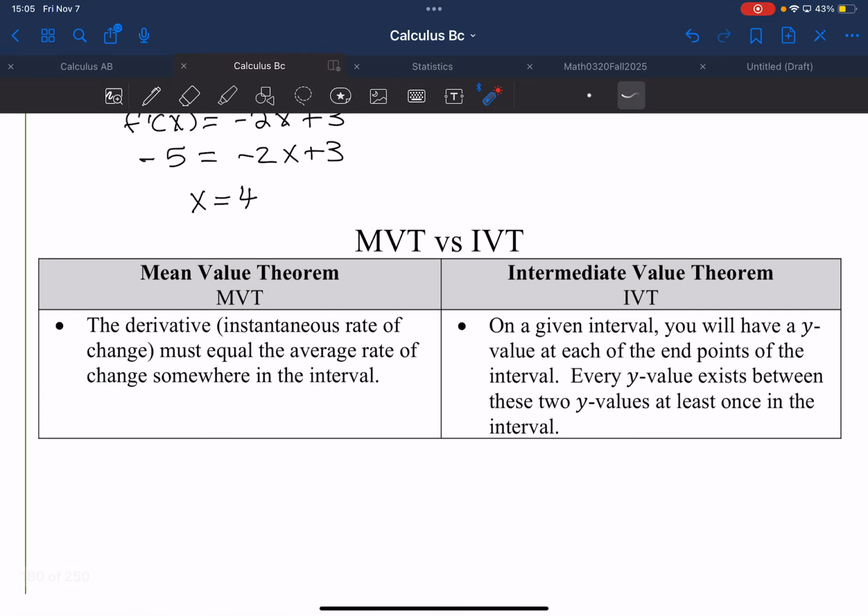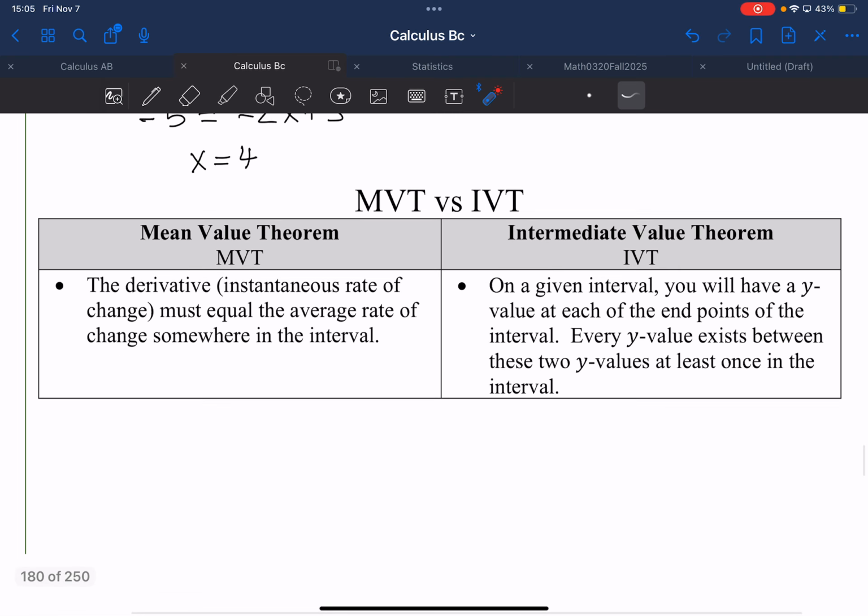look at mean value theorem versus intermediate value theorem. Okay, so again, we know mean value theorem is that the derivative or instantaneous rate of change must equal the average rate of change somewhere in that interval. And again, when we're talking about that, we're talking about some function that crosses through some points.